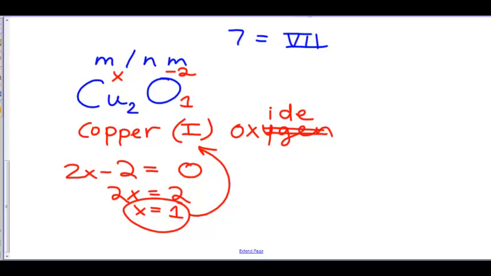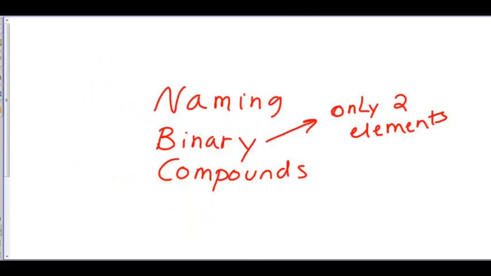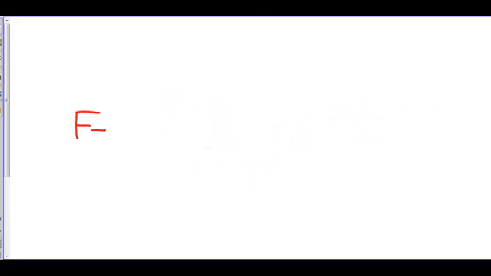Okay? So it's a little bit more complicated when your metal has more than 1 charge in the box. Let's try another one. Let's try Fe2O3. Okay? So we know we're binary, only 2 capital letters. The Fe is a metal, it's to the left of the stairs. Oxygen's a nonmetal, it's to the right of the stairs.